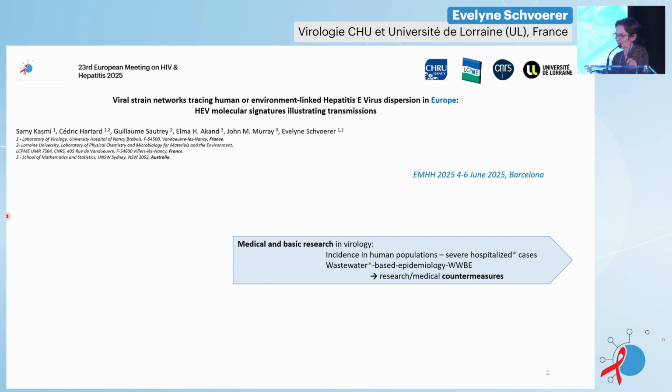Our group is involved not only in medical virology, but also in basic research in virology, combining our medical staff, the virologists at the hospital, and a group in basic science on waste water-based epidemiology. And hepatitis E virus is one model for our emerging viruses coming from the zoonotic world.